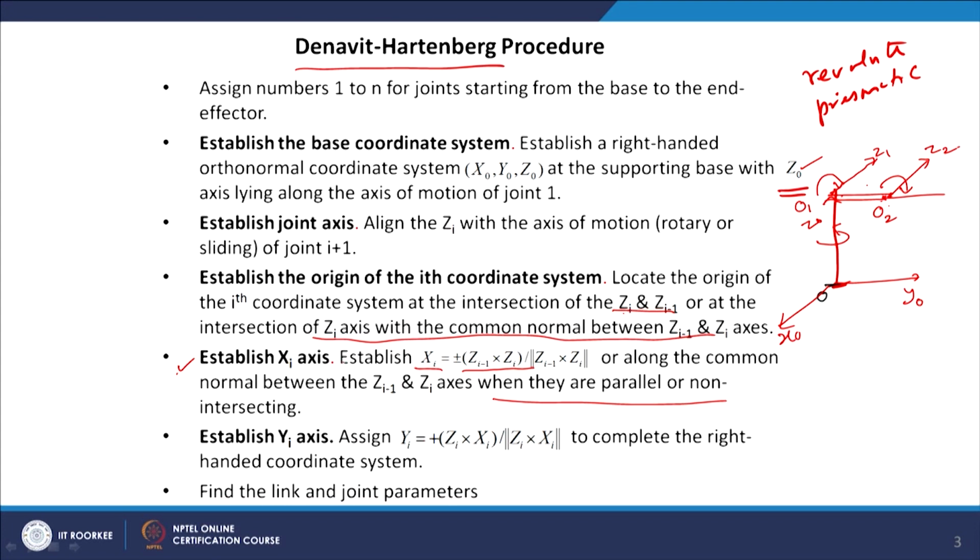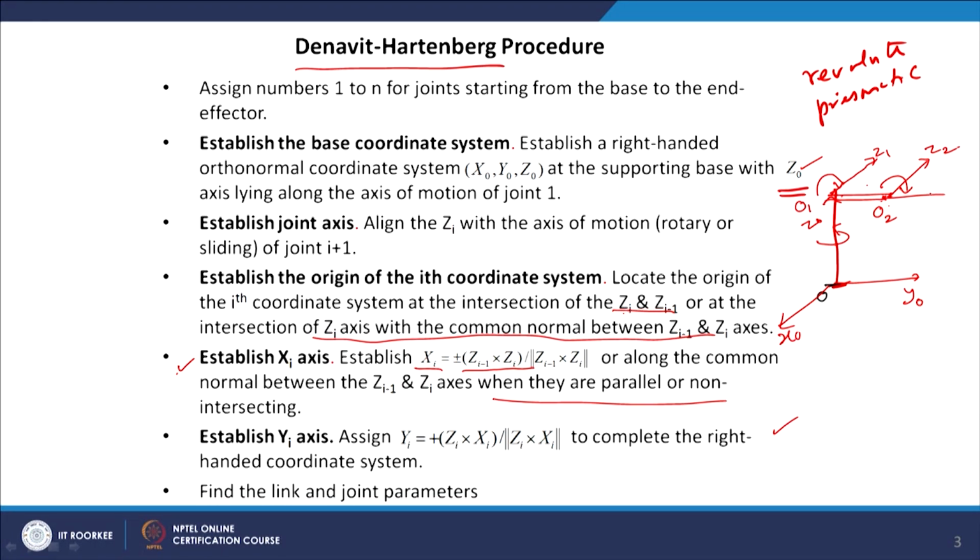Once we fix the xi axis and we have already fixed the zi axis, it is easy to fix the y axis to form a right hand system. In this way we can fix all the coordinate frames at every joint of the manipulator.